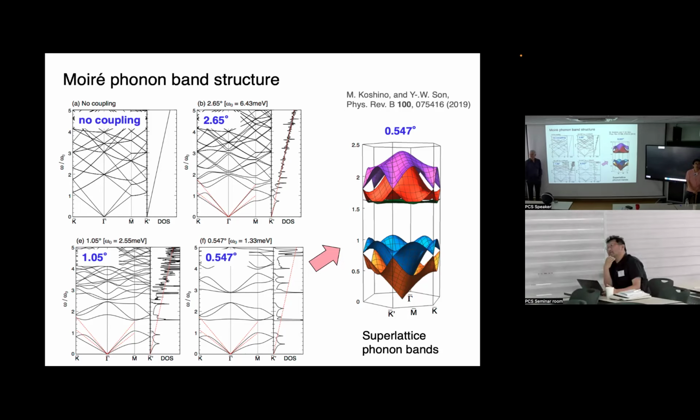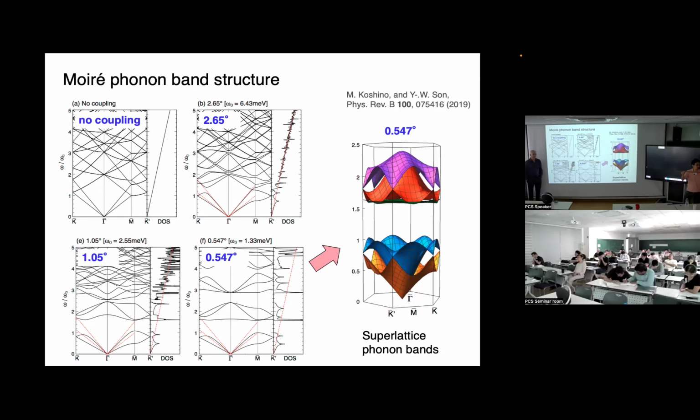I think they are using the lowest Chern band. The different bands basically correspond to different Chern numbers, the first band and second band are different. Let's talk later.